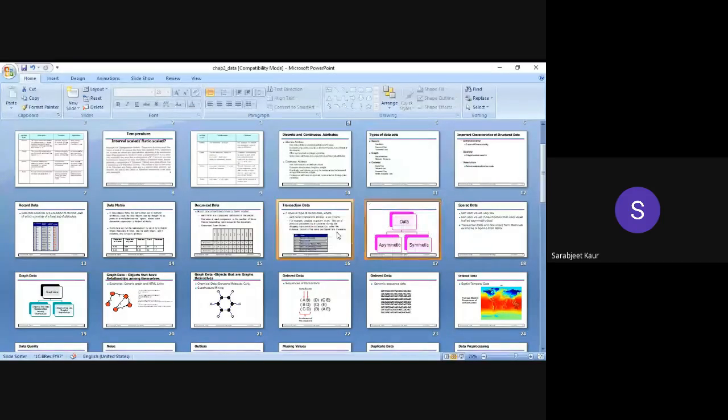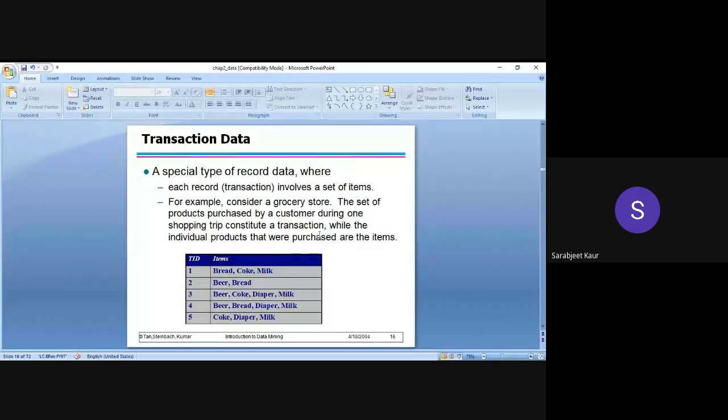Similarly, please see, even for the transaction data, what kind of data is it? Do you think this is sparse or not? Transaction data. Who will tell me?